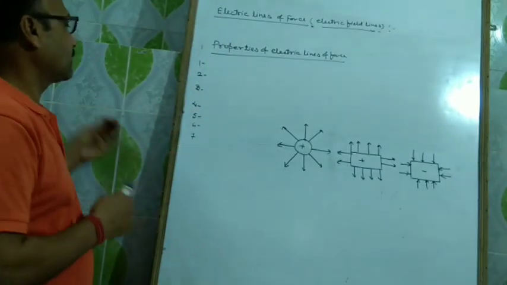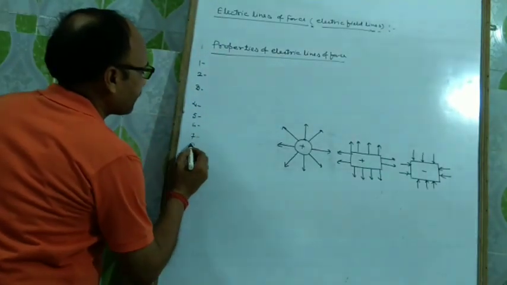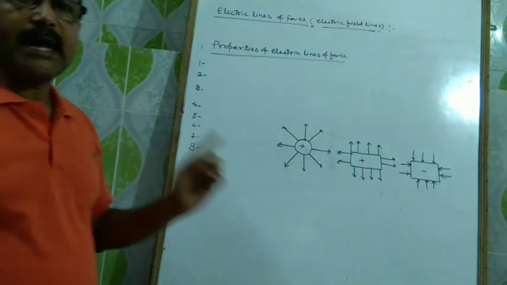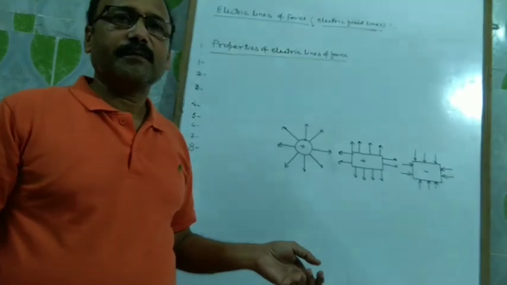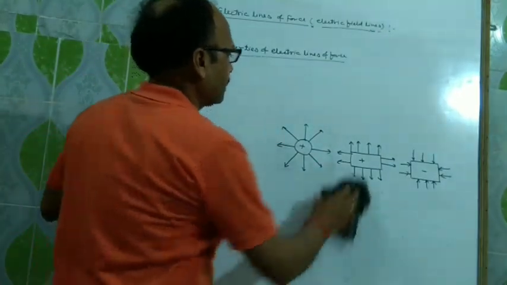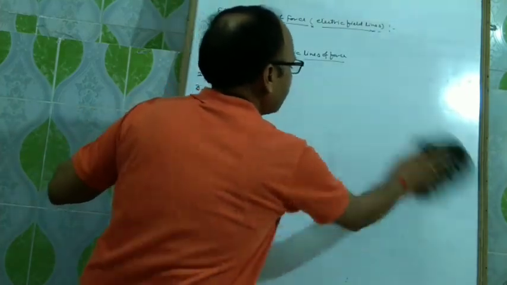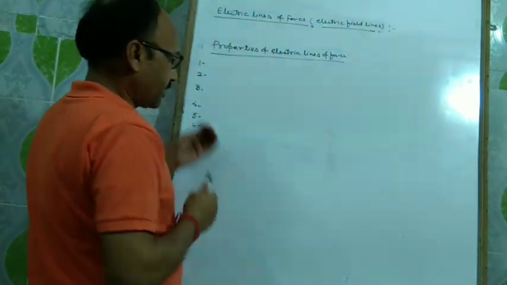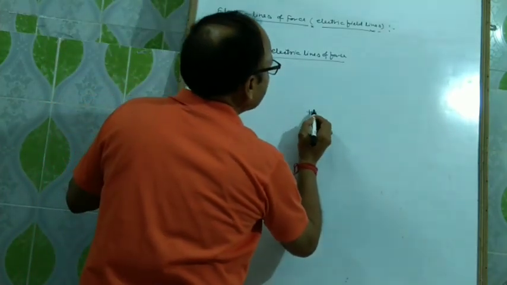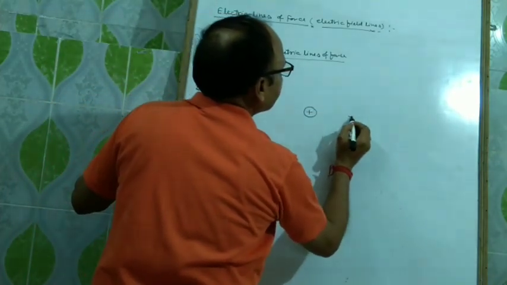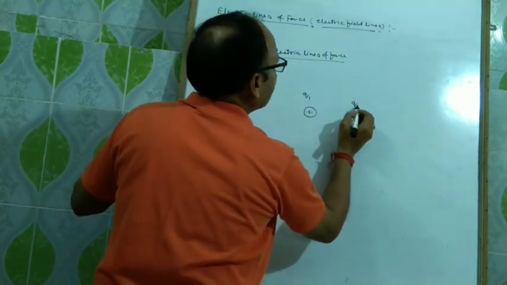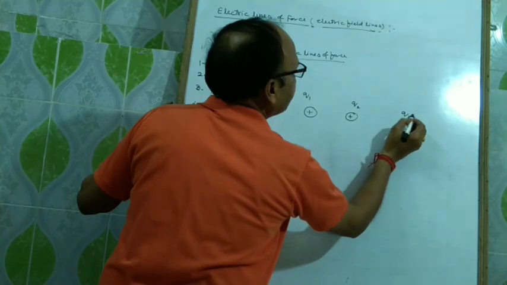Next property: these electric lines of force apply the lateral pressure. Lateral pressure, you can understand this, beta. Lateral pressure, कि these are two positive similar charge bodies. Positive charge. This is Q1 and this is Q2. Here Q1 is greater than Q2.